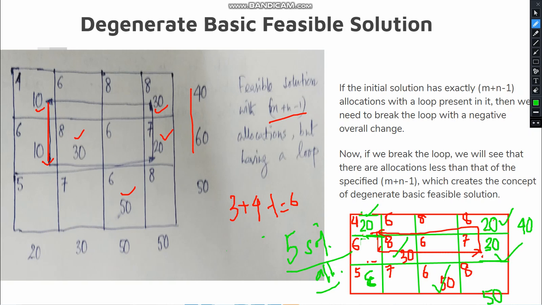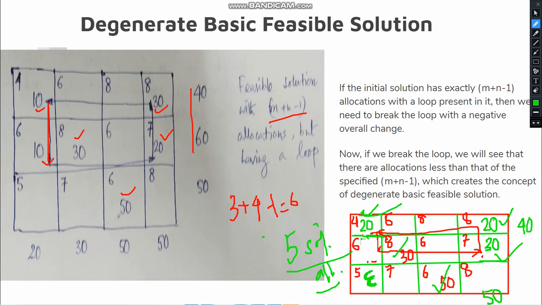Okay, so you have allocated 0 quantity here, and it is not changing your whole transportation cost. So this type of case is called a degenerate basic feasible solution. Now see, the total number of allocations are now changing from 5 to 6. This is what I am trying to say.